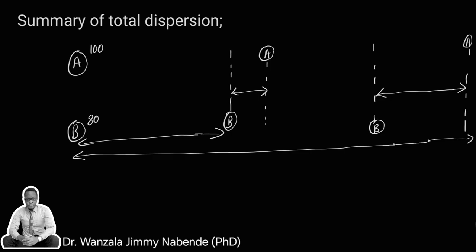Here, what it tries to mean is that the longer the distance, the more time difference between the two bodies. That is basically how chromatic dispersion works.